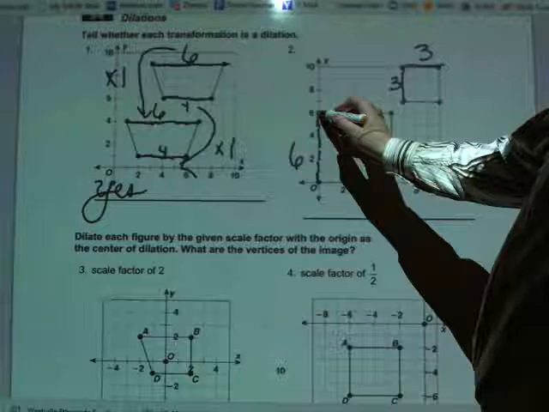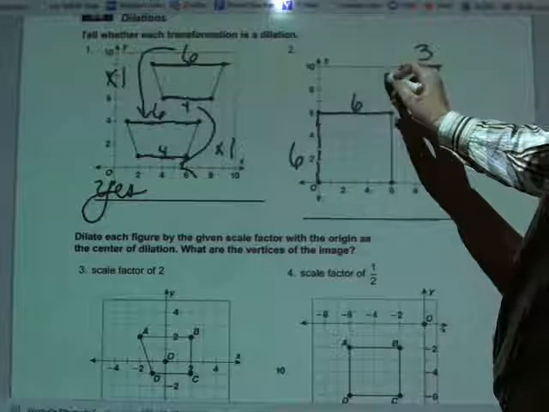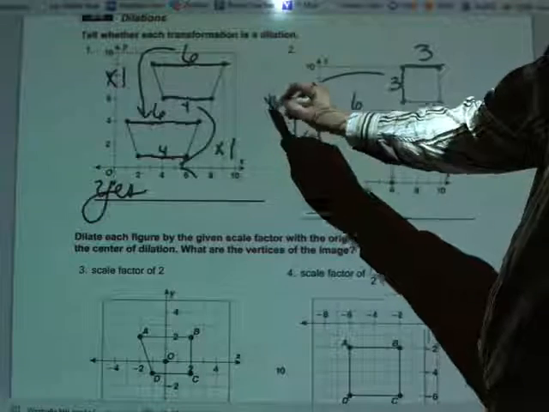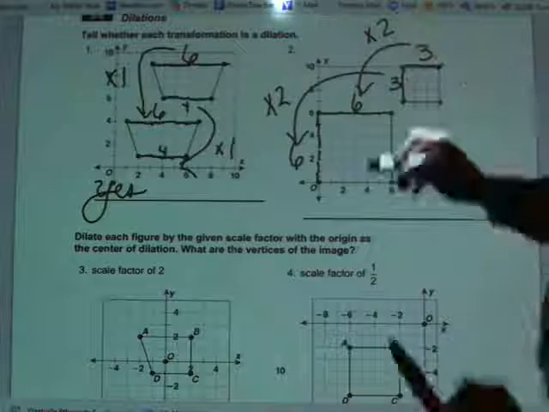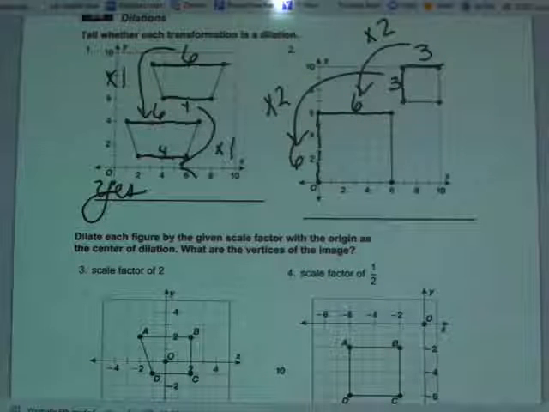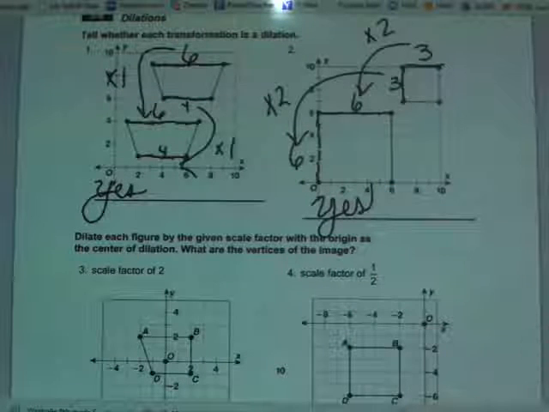When we come over here, it's 1, 2, 3, 4, 5, 6. So to go from the heights 3 to 6 means I'm multiplying by 2. And these widths 3 to 6 means I'm also multiplying by 2. Since the same scale factor works all the way around, this one is another yes.